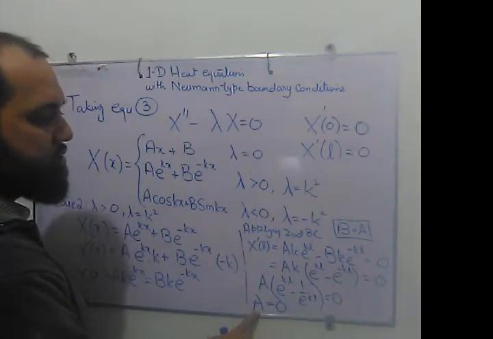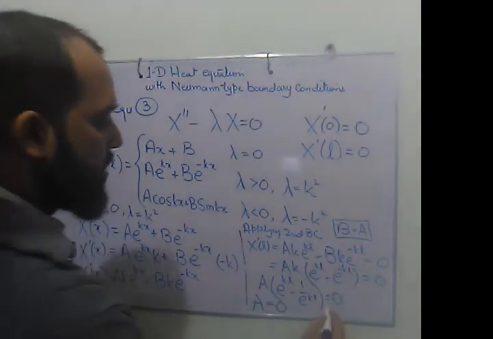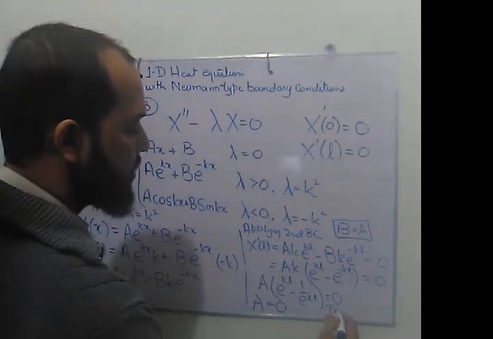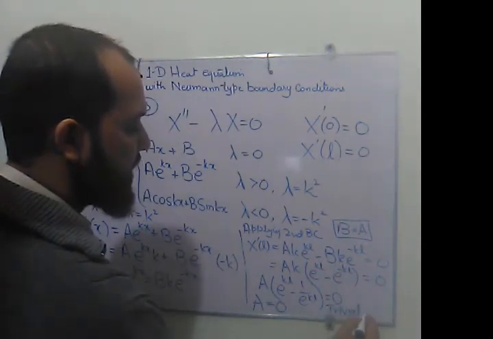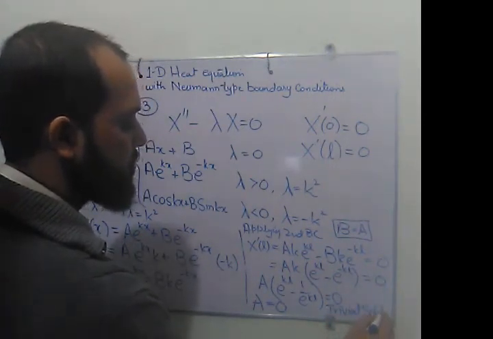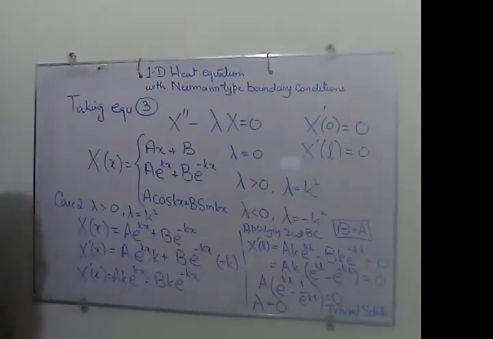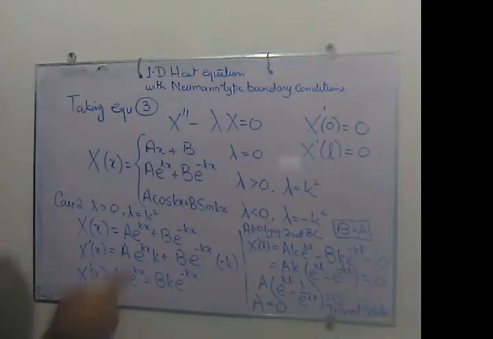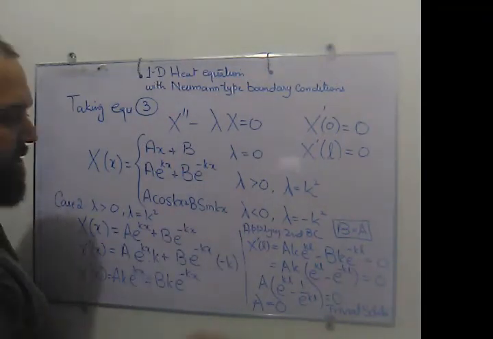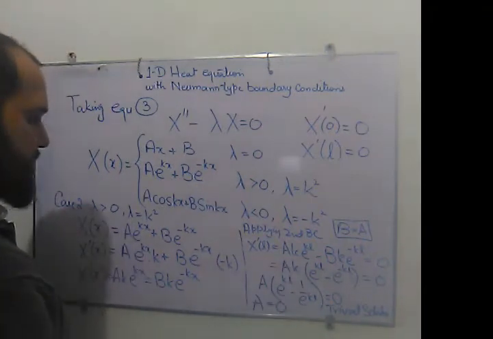And if a is equal to 0 and b is equal to a, which means that a and b both are 0, this means that this solution is a trivial solution. And we are looking for the non-trivial solutions. Therefore, we will check the third case in which lambda is less than 0 or lambda is equal to minus k square.